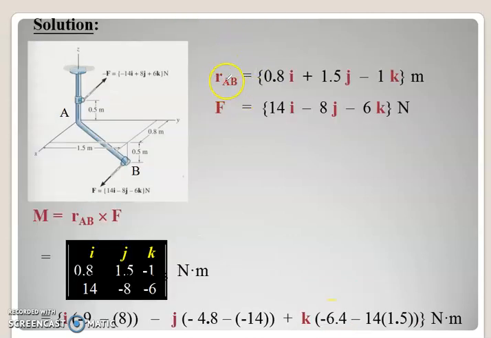So first, how to find the RAB? Find the coordinate of A, the coordinate for A here. Let's say I write here, this is the coordinate for A. What are the coordinates X, Y, and Z for A?